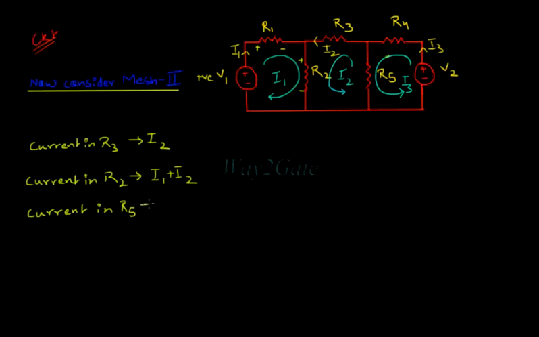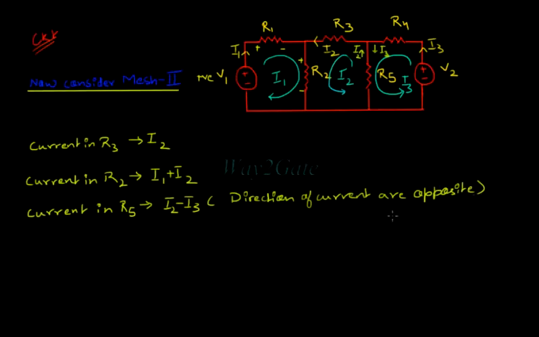Current in R5 is I2 minus I3, because in this case, currents I2 and I3 are in opposite directions. Therefore, the direction of current I2, that is anti-clockwise, is considered positive in the case of mesh 2. Therefore, the opposite direction of current I3 becomes negative.